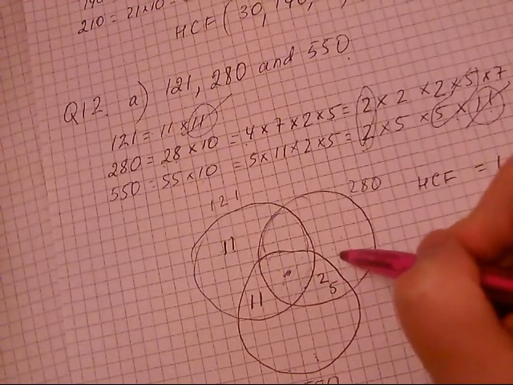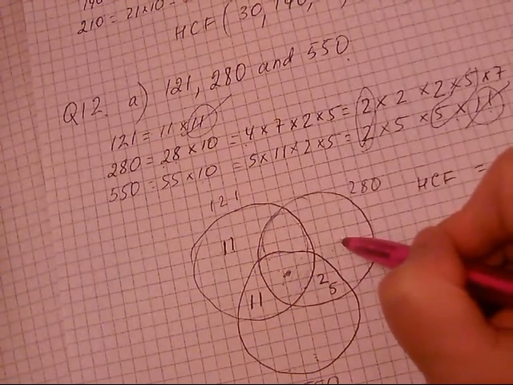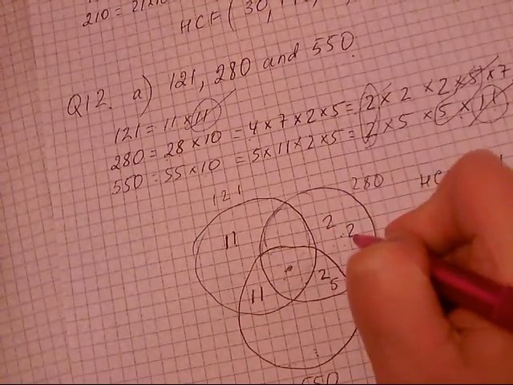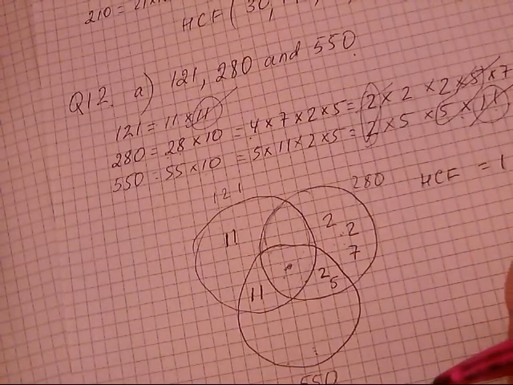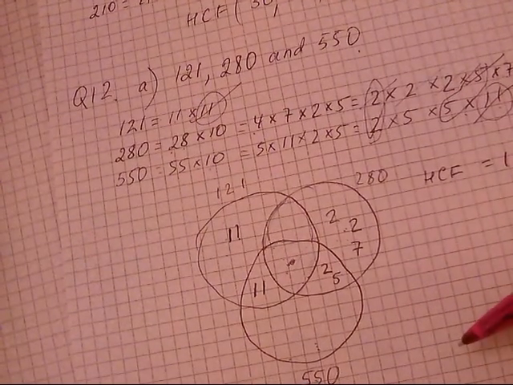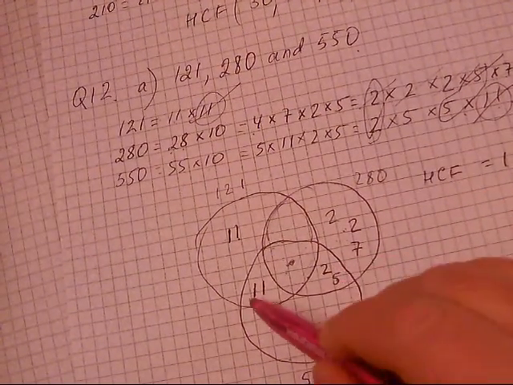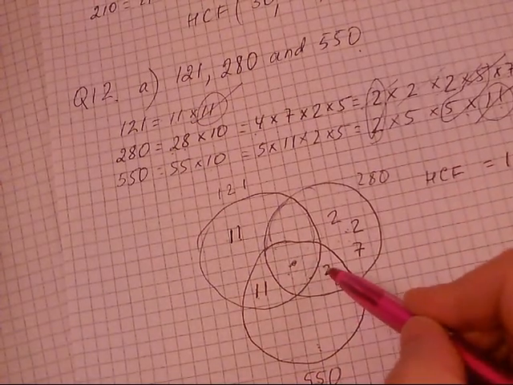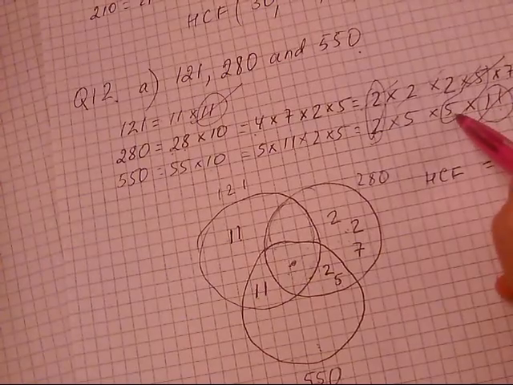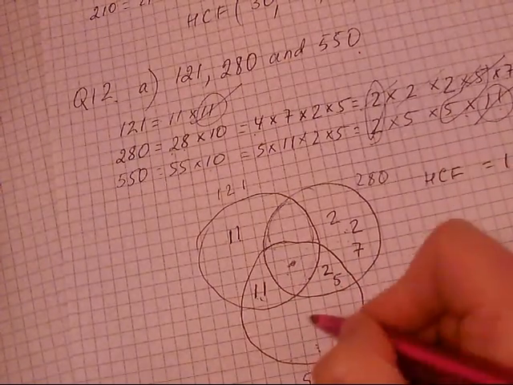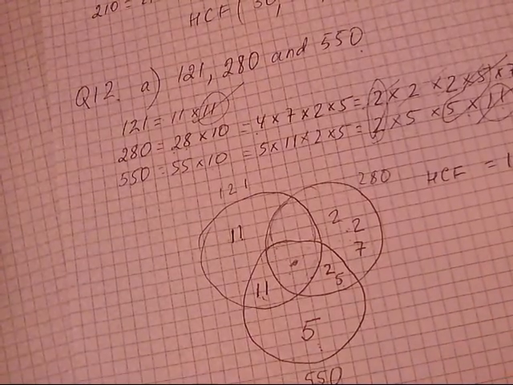And we'll place the remaining numbers for 280. We already counted 2 and 5, so only 2, 2 and 7 are remaining for 280. Now we need to see 2, 5 and 11 for 550, already placed. The only number that wasn't placed is 5.